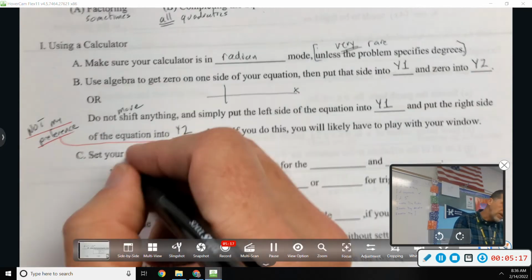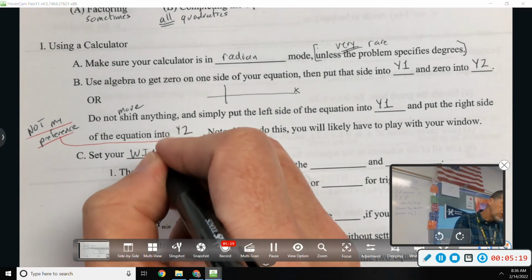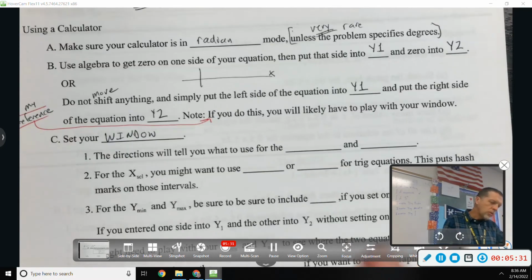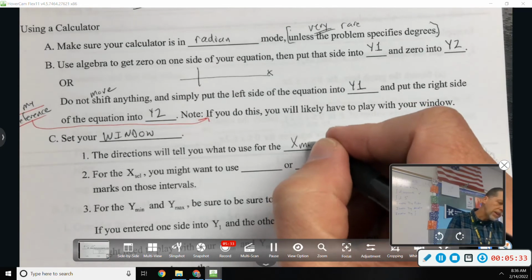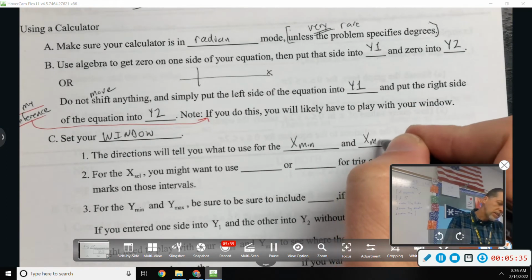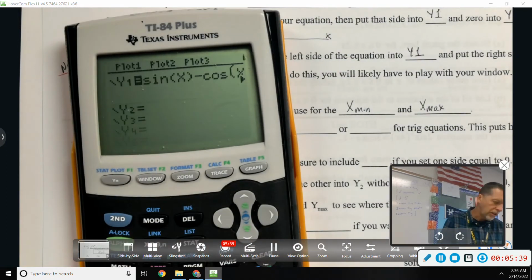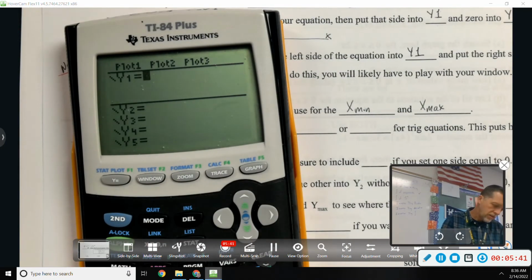Part C, set your window. Speaking of windows. The window again controls how much of the graph you see. The directions will tell you what to use for x min and x max. We could kind of start punching around on the calculator right now.